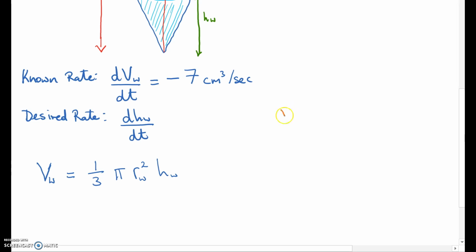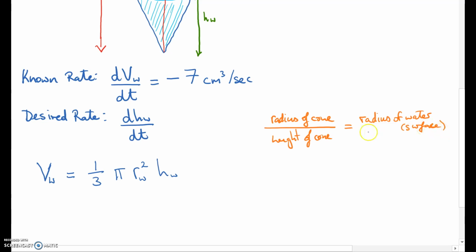That the radius of the cone divided by the height of the cone is equal to the radius of the water within the cone, and we'll call it the water surface, divided by the height of the water.